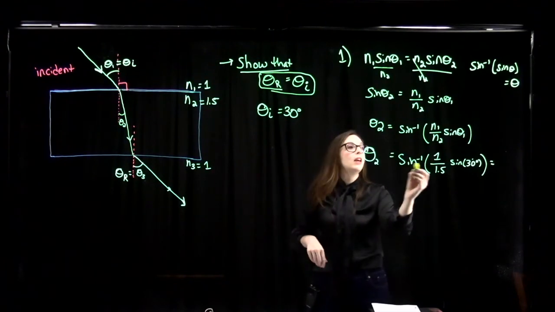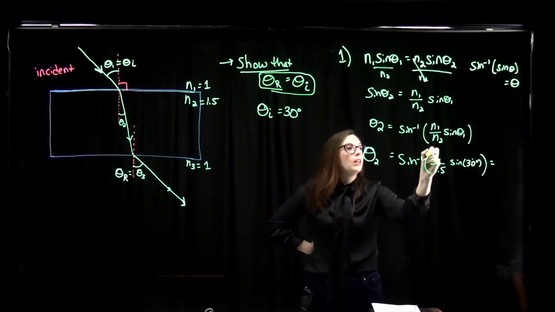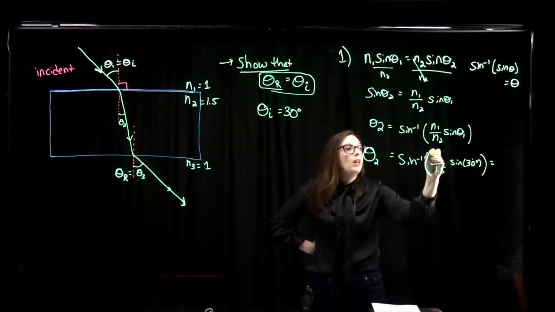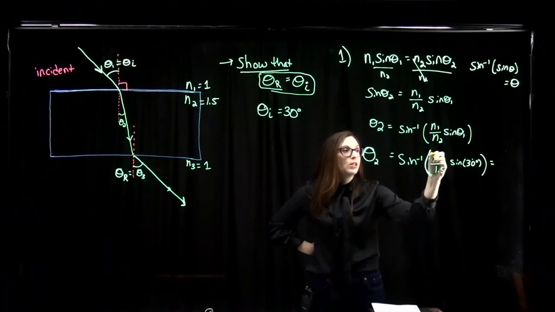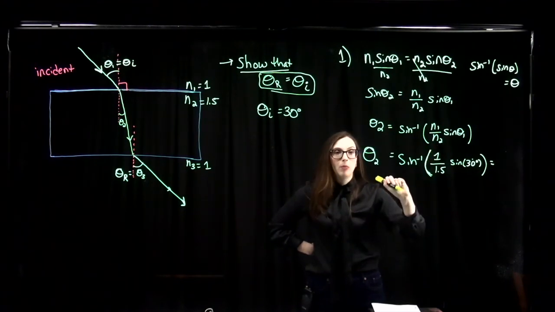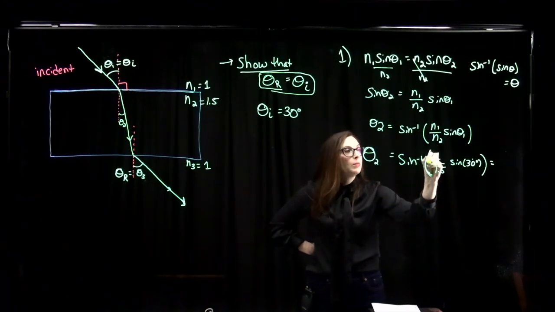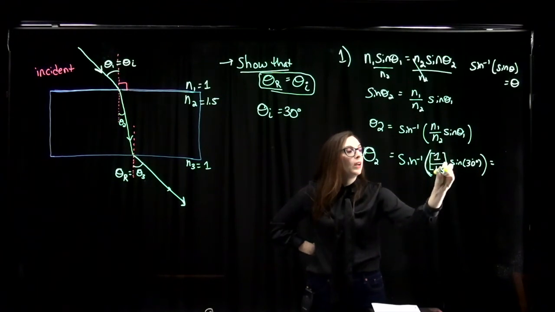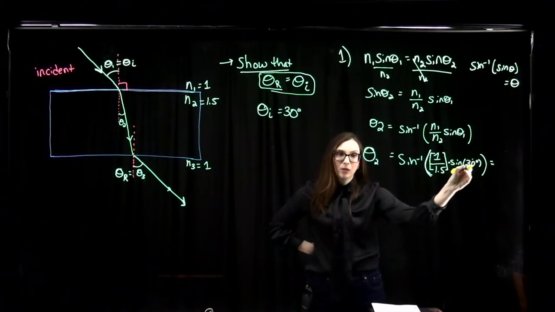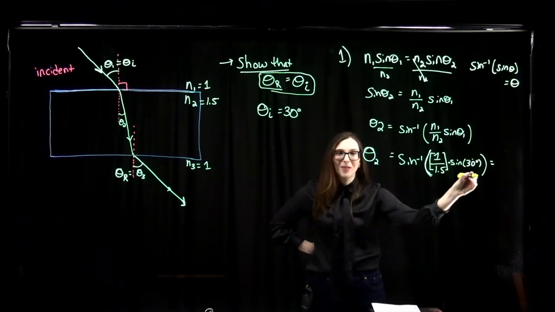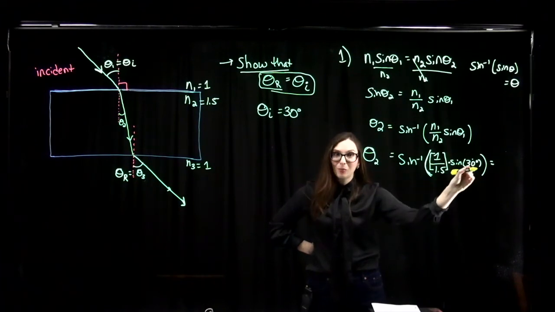You would do the inverse sine, then open parentheses. If you're going to type all this in at once, you need to put parentheses around the 1 divided by 1.5. Then you multiply it by sine of 30, and then you close that parentheses, and then you close that parentheses. So you have to be super careful.